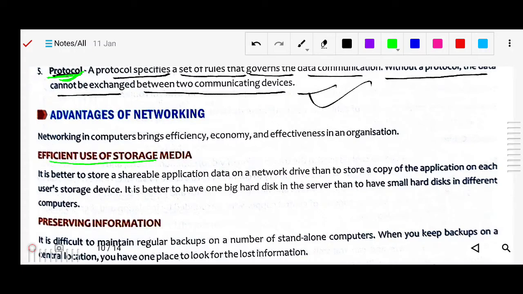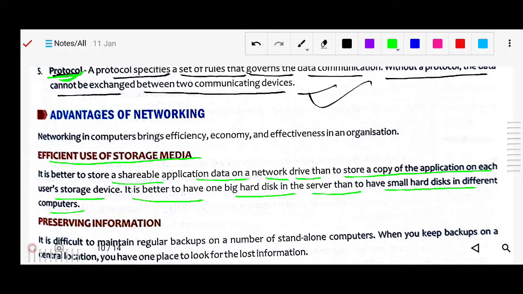The efficient use of storage media. As I told, it is better to store a shareable application on one computer drive than to store a copy of the application on each user's drive. It's better to have a big hard disk on a server than small hard disks in different computers. Like putting hard disks on computer A, computer B and C, so many hard disks.